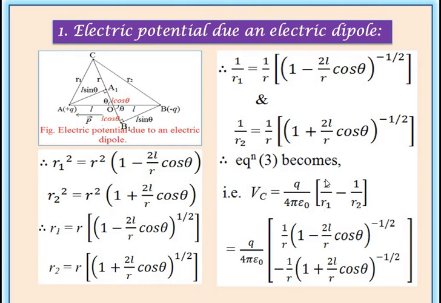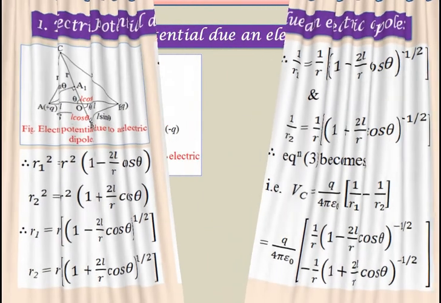Putting the values of 1 upon R1 and 1 upon R2 that we have obtained in this equation, we get Vc equal to Q divided by 4 pi epsilon 0 in bracket 1 upon R in bracket 1 minus 2L divided by R cos theta bracket raised to minus 1/2 minus 1 upon R in bracket 1 plus 2L divided by R cos theta bracket raised to minus 1/2.